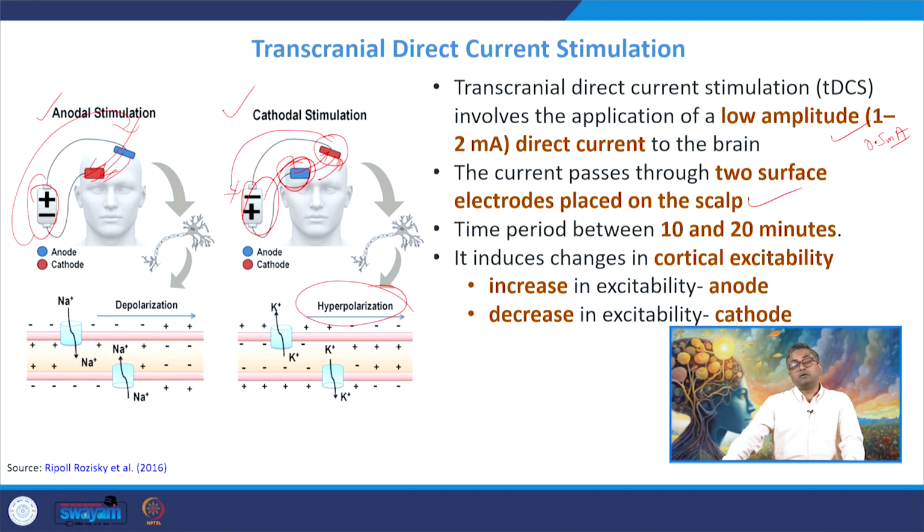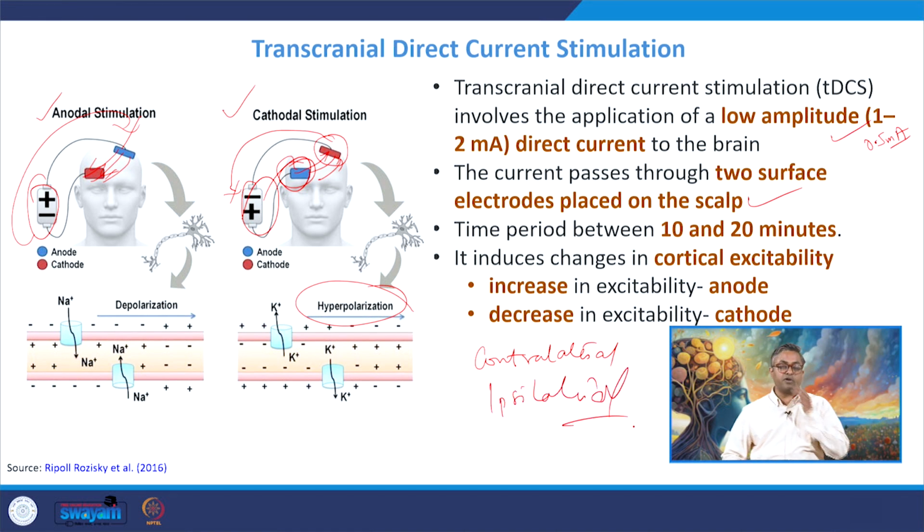In this electrode stimulation, we also have to talk about the ipsilateral and contralateral sides. Contralateral means one electrode you have placed on your right hemisphere, another electrode you have placed on your left hemisphere, or vice versa. This is a contralateral side.